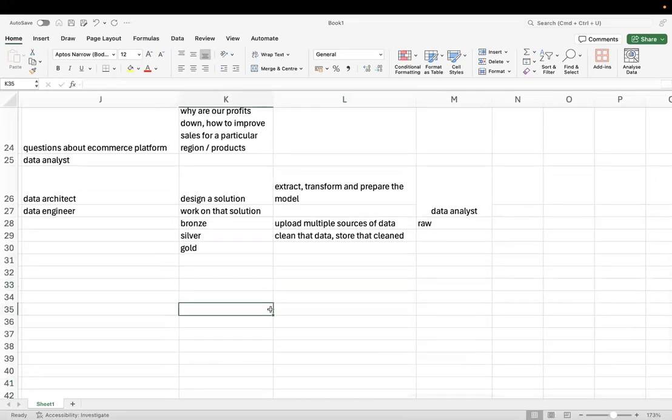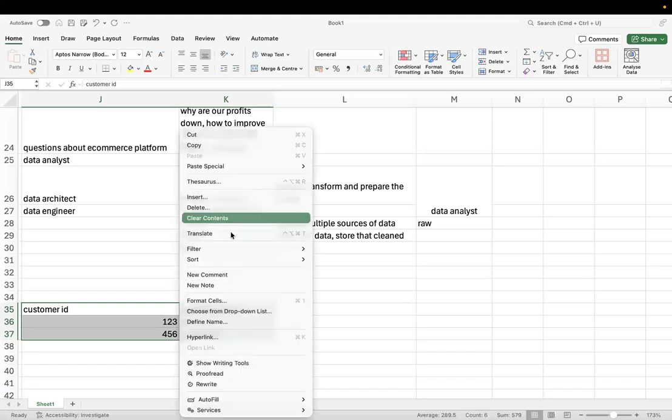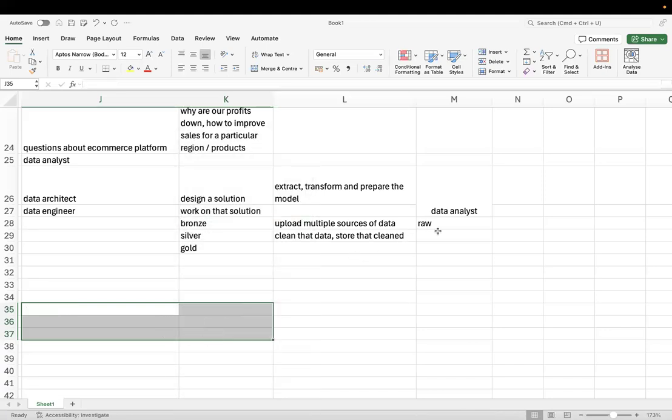Sometimes you will see null values, or where the customer ID is present, but somehow the customer name is like Devil or Spider-Man. They cannot have this Spider-Man in the visual, right? So they are going to do some cleaning.